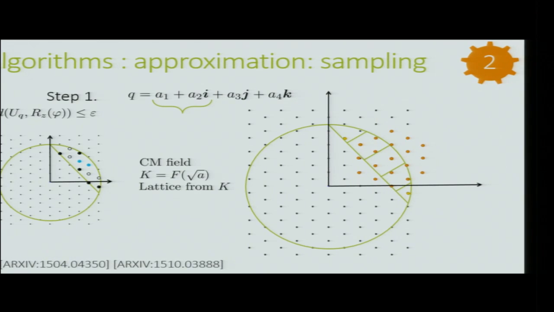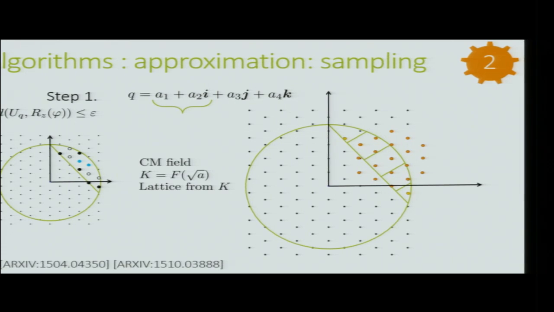Let me quickly highlight the problems you need to solve here. How we go about the sampling is that we reduce it to solving an approximate closest vector problem in a lattice. Once we work not over Q but over some degree D number field, it will be a 2D dimensional lattice in which we solve approximate closest vector. You know that depending on the approximation factor, the closest vector problem can be very hard.